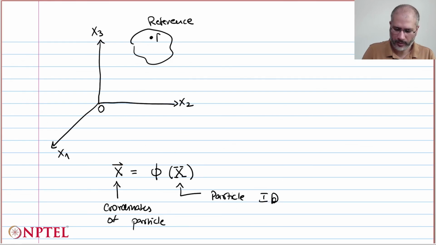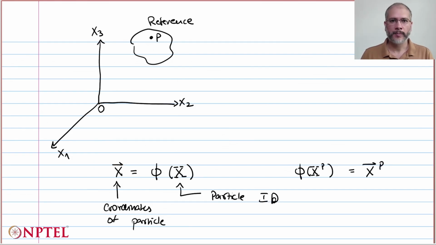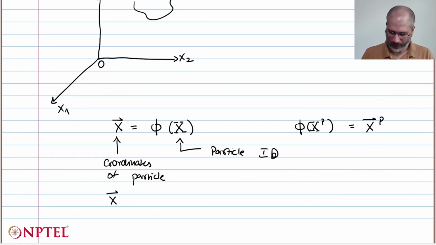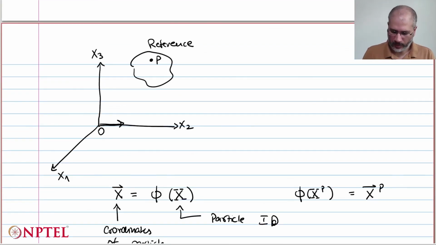So we have a point P here whose ID can be called just as a label P. So if I pass the ID of P to this mapping or the function phi, that will give us the position coordinate of the particle P. I can write this vector capital X as its components x1 I1 hat plus x2 I2 hat plus x3 I3 hat, where these capital I1, I2 and I3 are basically unit vectors in the three coordinate directions.